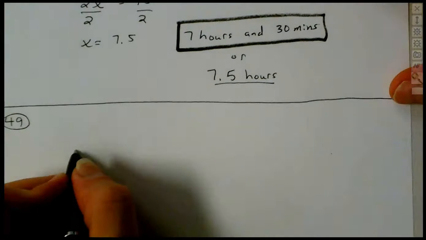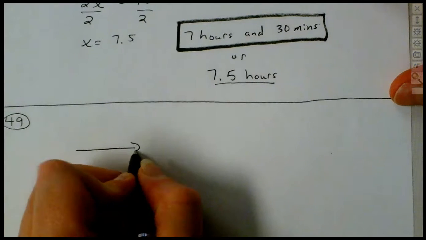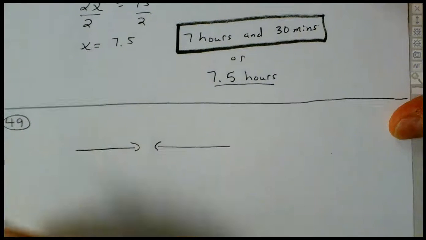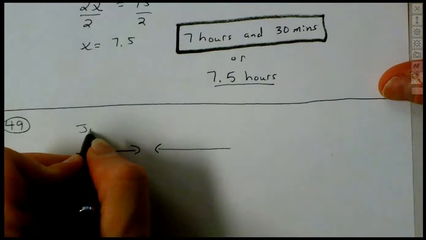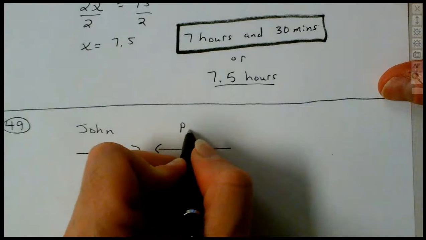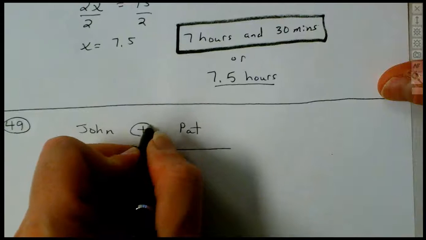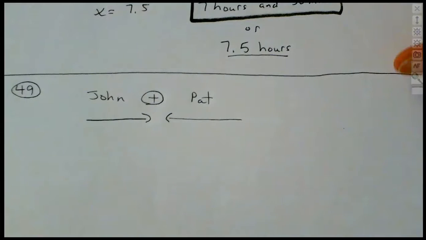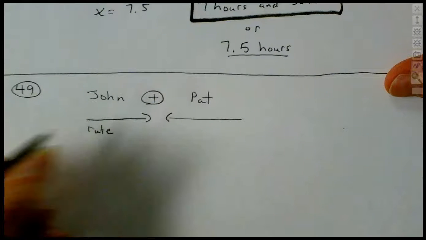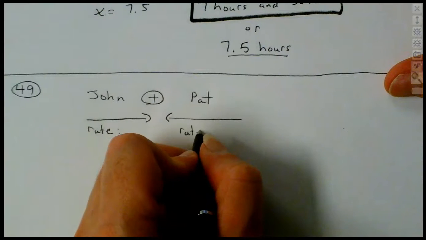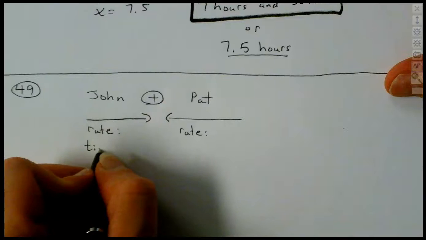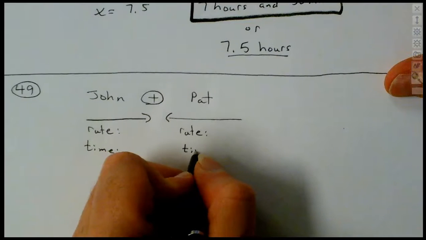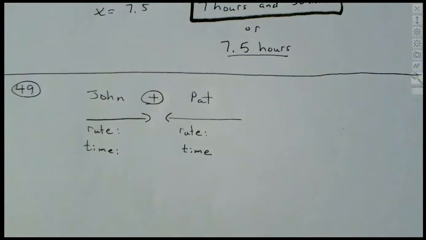So we're going to draw our picture, and we're going to label it. And this is John over here, and Pat. Now they're going towards each other. They do not overlap, so that's going to be addition. Each of these has a rate of speed and a time. So John leaves Cincinnati to go to Atlanta, and he's going at 60 miles an hour.